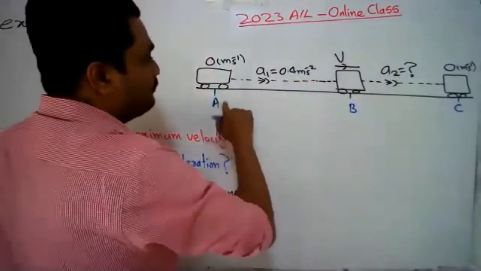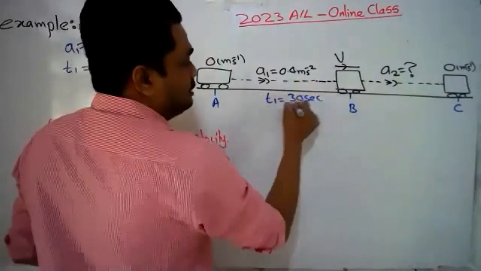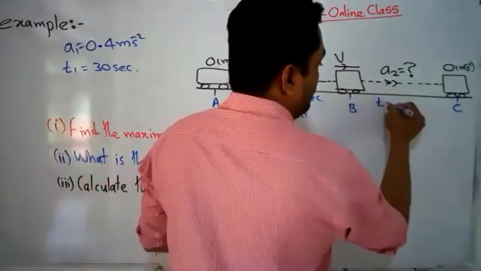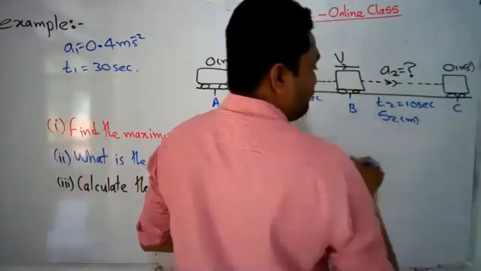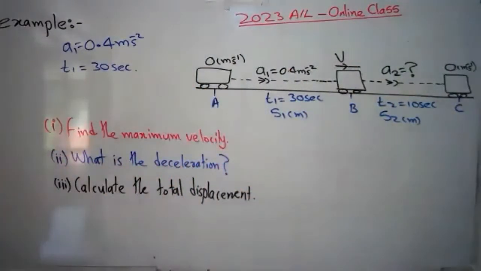The time taken for A to B is given as 30 seconds. The displacement we don't know. The time taken for the BC section is given as 10 seconds, and we don't know the displacement, right? Please quickly draw this figure.